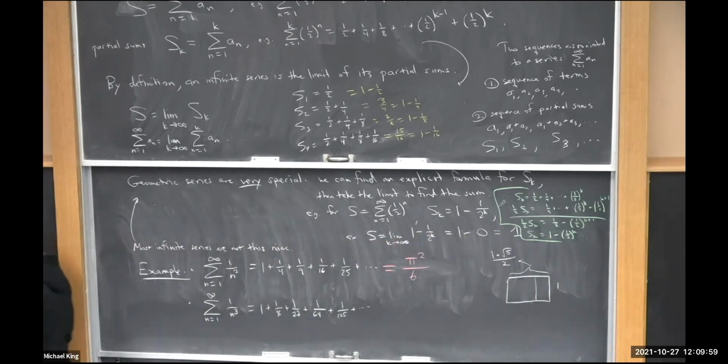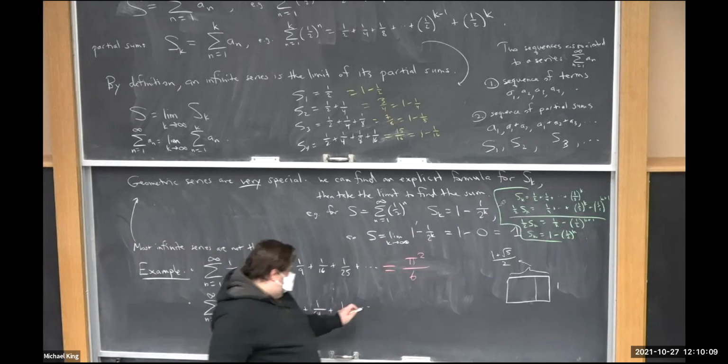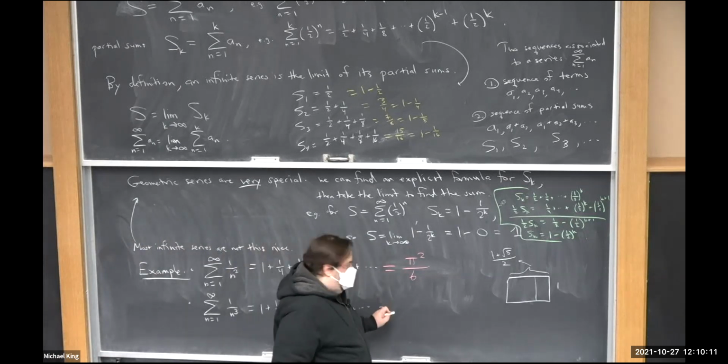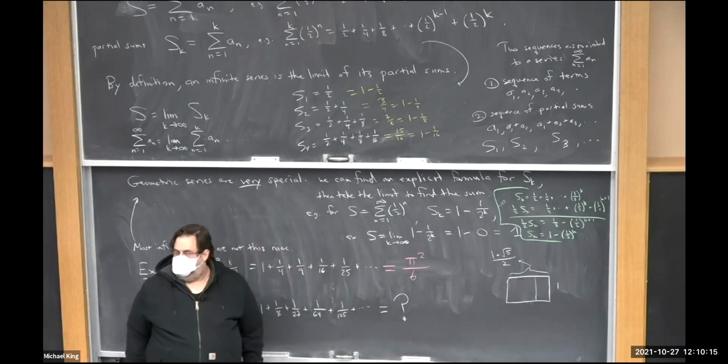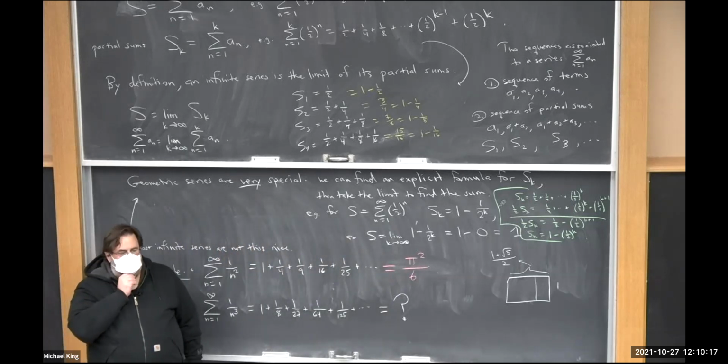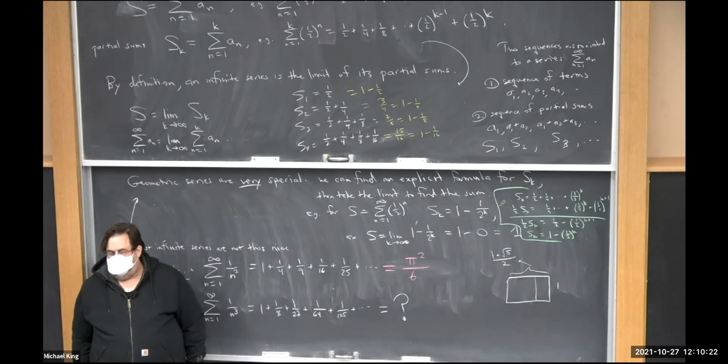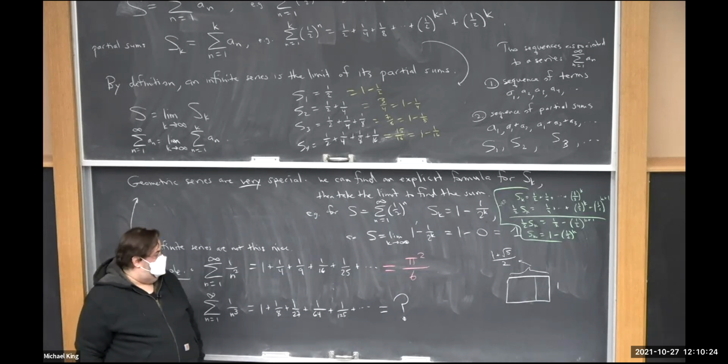If you get a computer to add up a million terms, you get something. But what does it equal in terms of fundamental constants? Open question in math. Nobody knows. If you figure it out, tell me. We'll write a paper. We'll get famous in math. Let me know. But there's literally nobody.